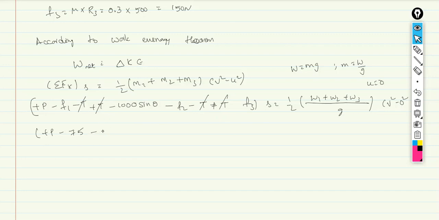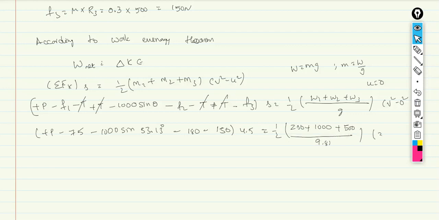So minus 1000 sine 53.13 degrees, minus F2 is 180, minus F3 is 150 Newton, I think, and displacement is 4.5, and half. W1 is 250, W2 is 1000, W3 is 500, all divided by 9.81 into 3 square, because V is equal to 3.